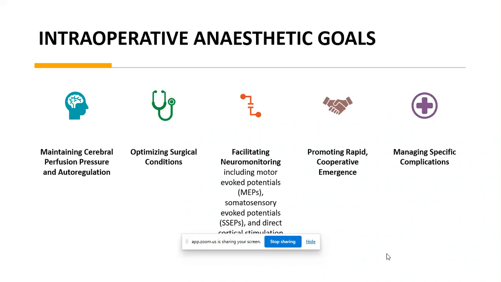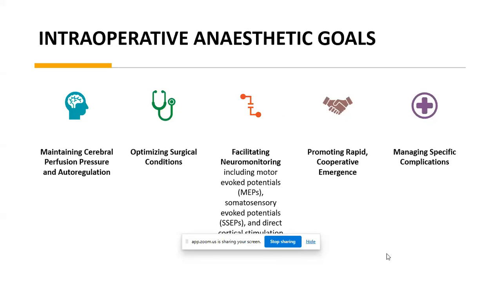Optimizing surgical conditions includes positioning the patient appropriately, ensuring adequate muscle relaxation without interfering with neurophysiological monitoring, and minimizing factors that could increase intracranial pressure.